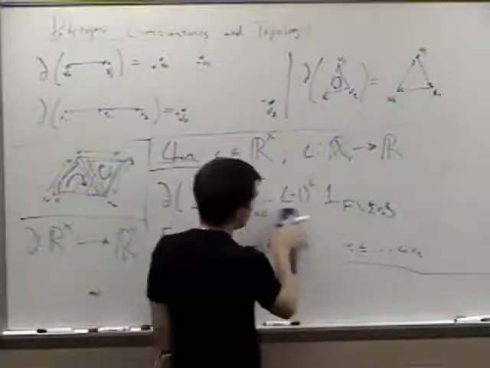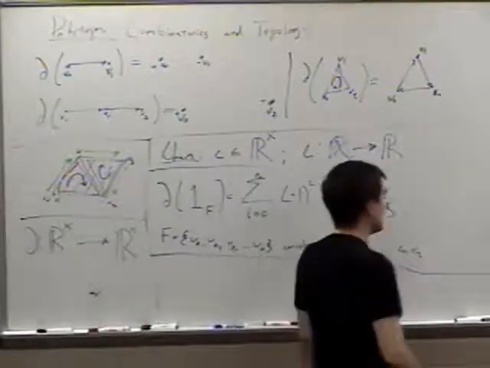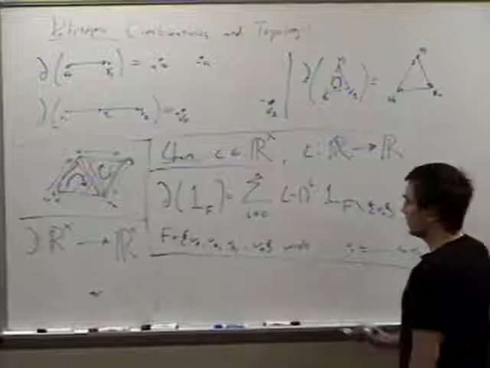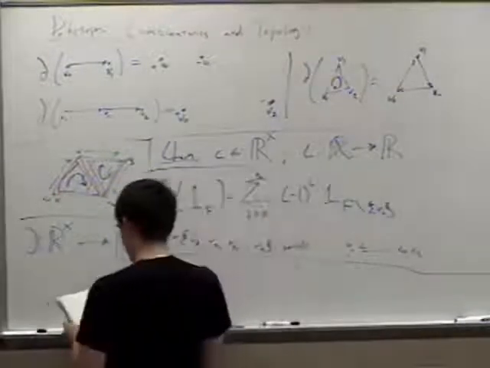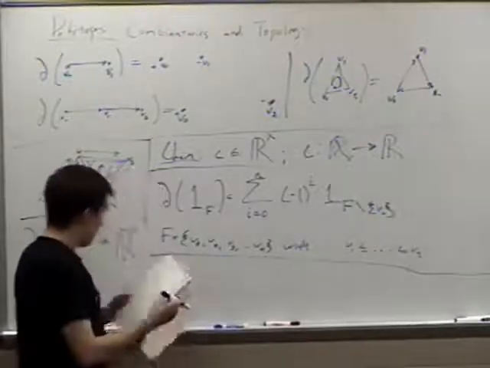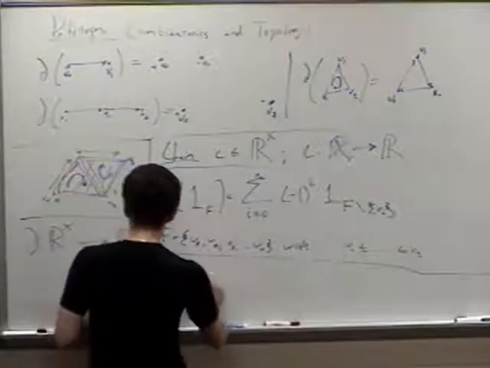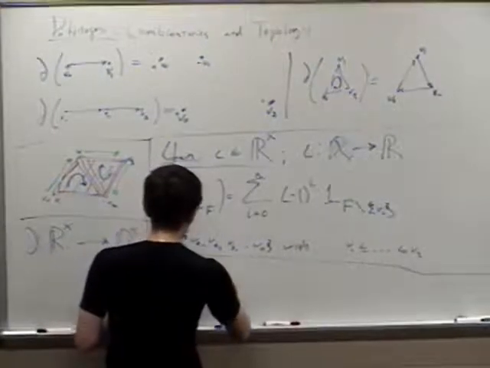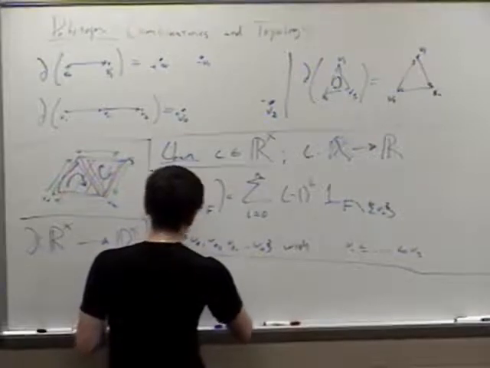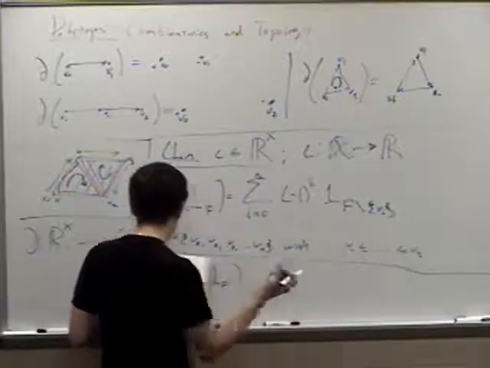And you can prove this formally by just looking at the equation that you get, right? So if you just write the boundary of the boundary, so the boundary of any chain, of any cell, you can just do it for whatever cell you pick.